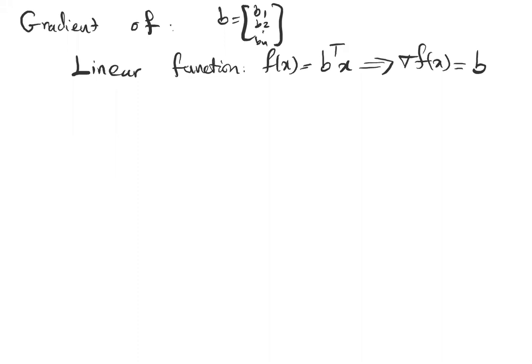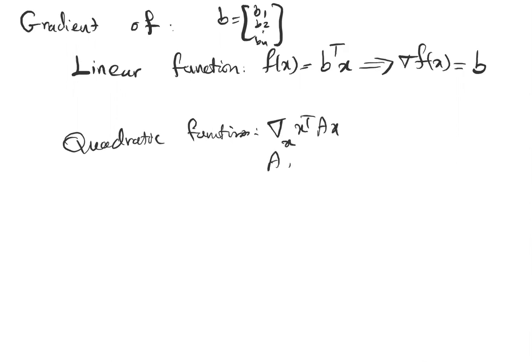And then for quadratic function, gradient of x transpose Ax with respect to x, where A is symmetric, is 2 multiplied by matrix A multiplied by x.